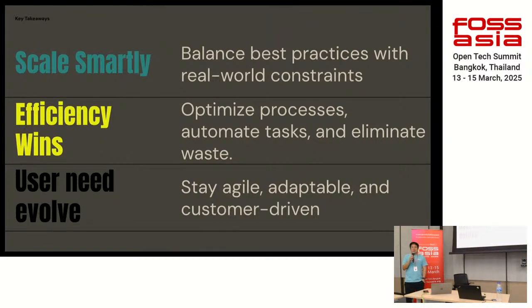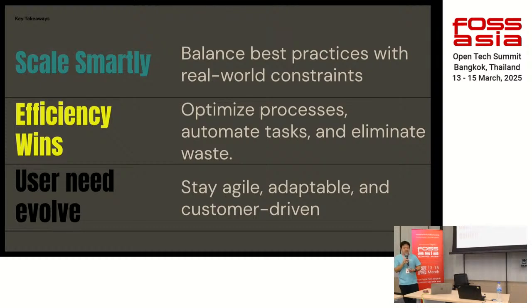As I mentioned, don't copy-paste from best practice. You have your own context, and you have to think about when to do it. Efficiency wins. As the project degrades, you have to minimize it as much as possible. I know you cannot make it zero, but with optimized processes, automated tasks, and trying to eliminate waste, you can.